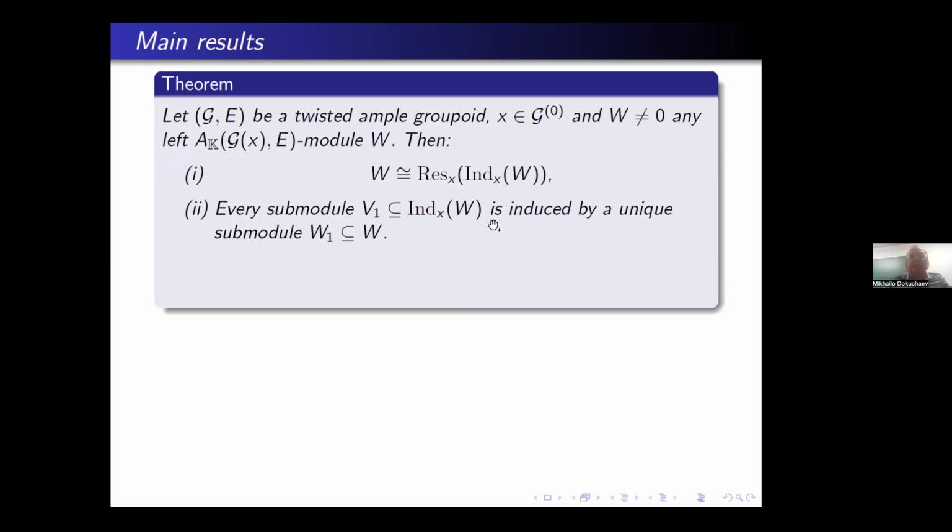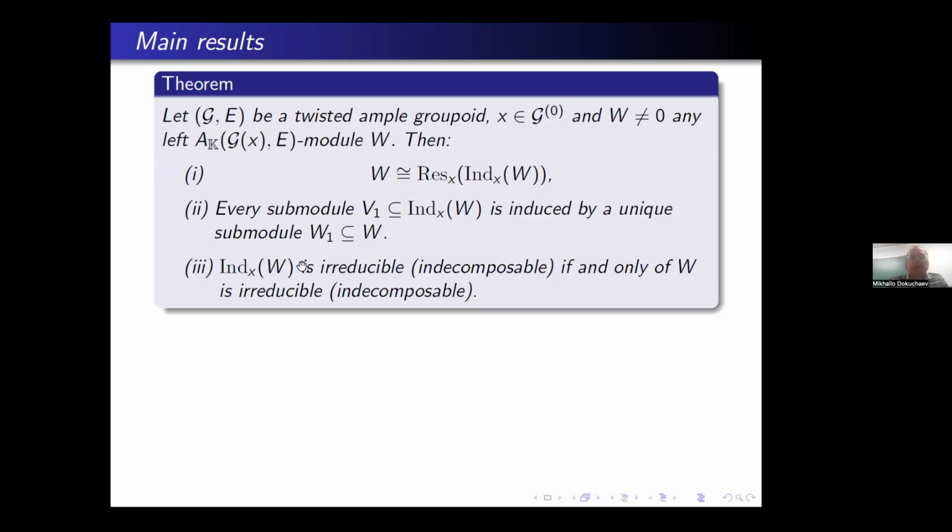Moreover, any submodule of the induced module is induced by a unique submodule of W. The induced module is irreducible if and only if W is irreducible, and it is indecomposable if and only if W is indecomposable.